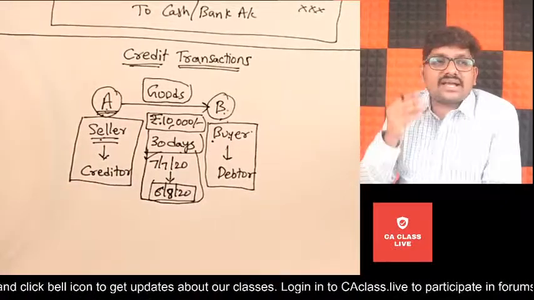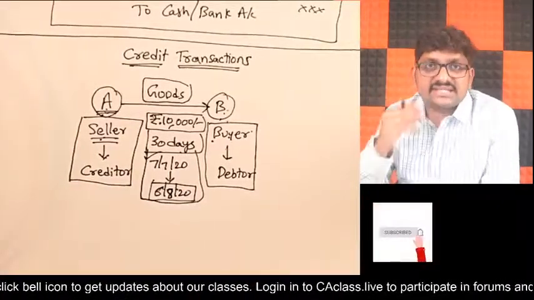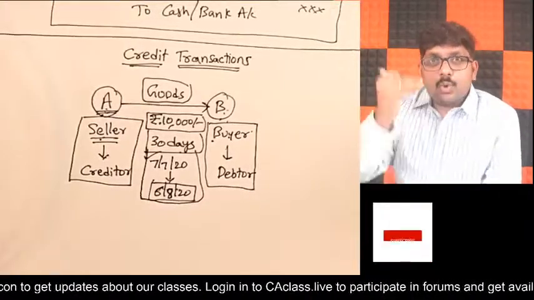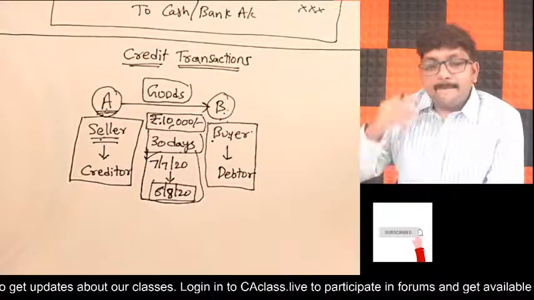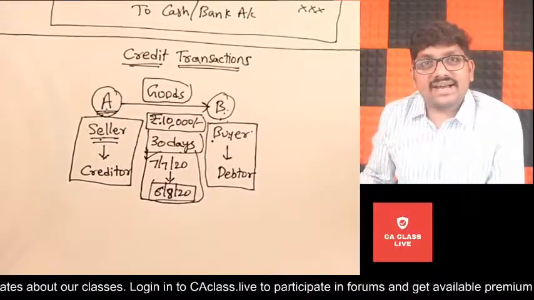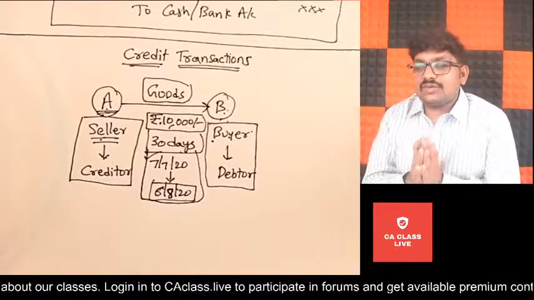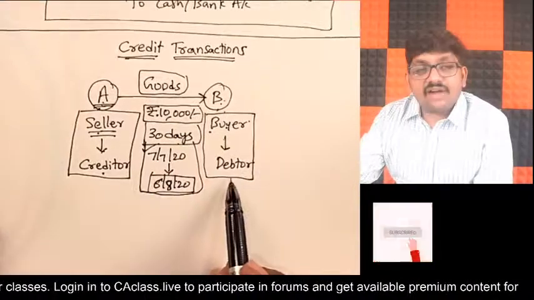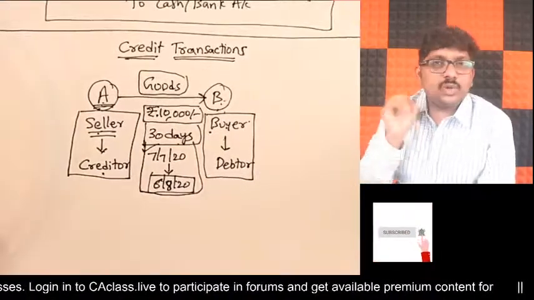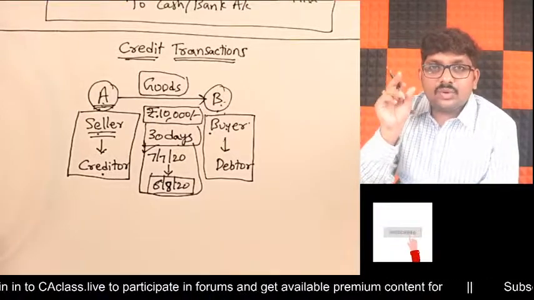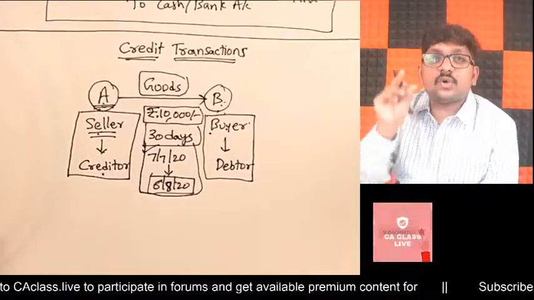So as soon as the credit transaction takes place, the seller will be renamed as creditor, a promotion, and the buyer will be renamed as debtor, a promotion, because they are doing a credit transaction. Creditor for whom? For B. Debtor for whom? For A, not for you and me or anybody else on this earth. It is only a relationship. The debtor and creditor relationship is only between A and B.